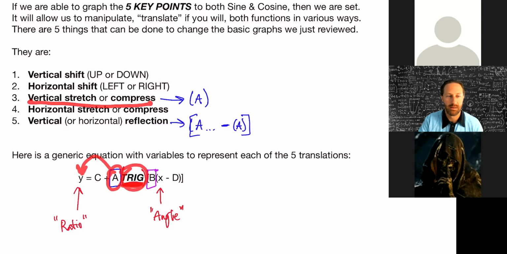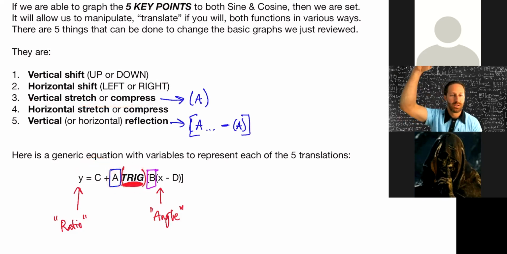The bigger the A, the bigger the stretch. The smaller the A, the compression it will have the effect of. And when I mean smaller, I mean fraction. Okay. The reflection will be when we have a negative.